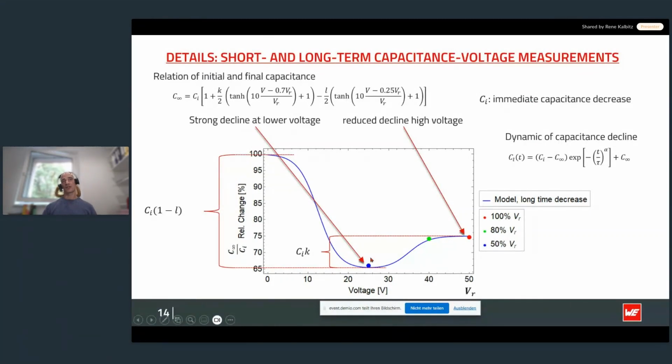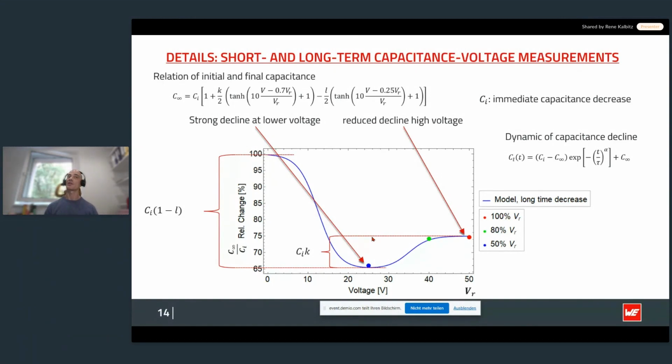Well, in this depiction, 65% actually sounds like a lot, right? But you have to keep in mind that it is not compared to the capacitor's rated capacitance, but to its capacitance under DC bias, which is the immediate DC effect. Some producers may discuss these numbers, which kind of look significant, in such a representation and compare their products to other products and may draw some conclusion from it.